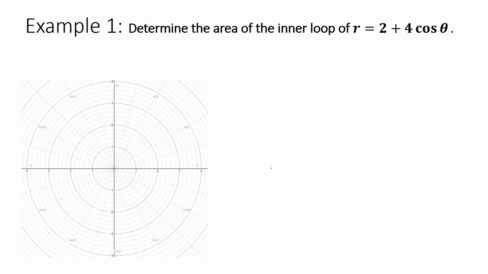Okay, so let's say we're going to determine the area of the inner loop of r equals 2 plus 4 cosine theta. Since we don't know yet what the inner loop looks like, what we have to do first is graph your equation first, r equals 2 plus 4 cosine theta.